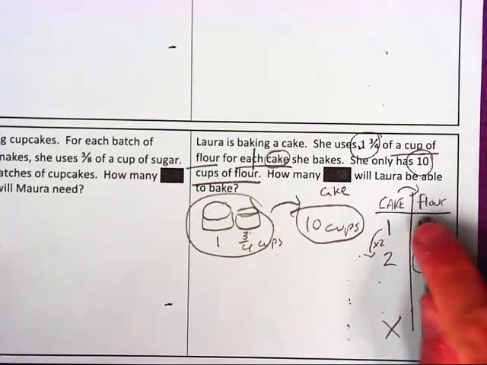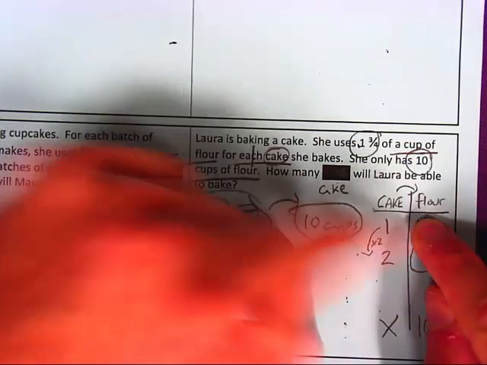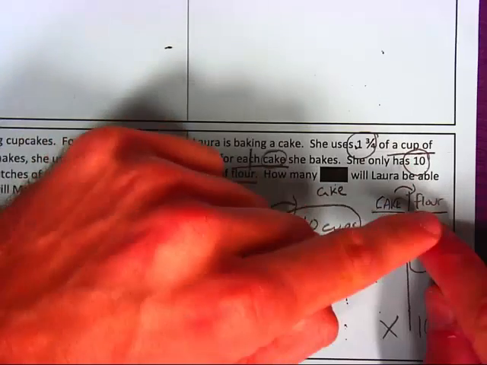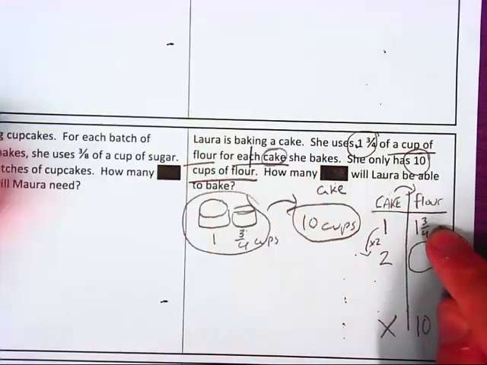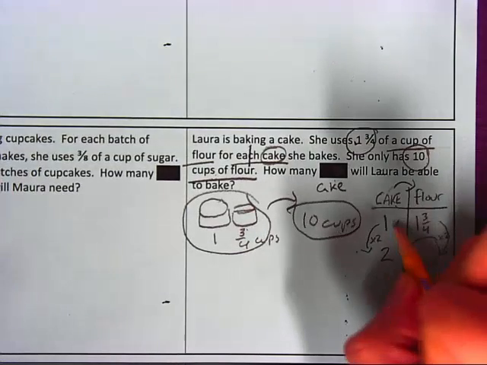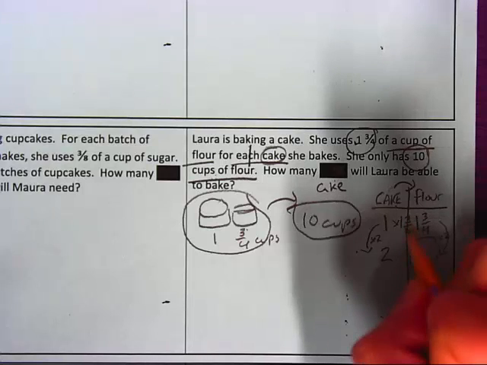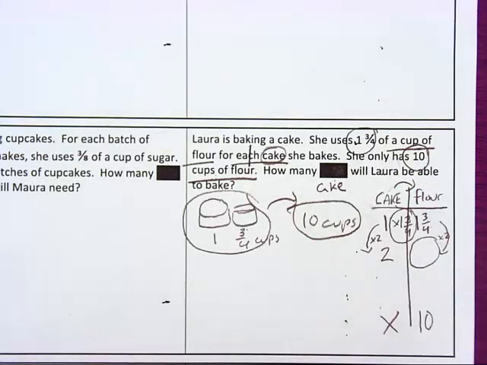And if this was an easy number, so if it was like a 2, I could say 1 times 2 makes 2. Or if this was a 5, I could say 1 times 5 makes 5, right? Because 1 times any number is going to make that number. So I know that 1 times 1 3/4, right, is how I'm going to get from cakes to flour. So that's my relationship, right?